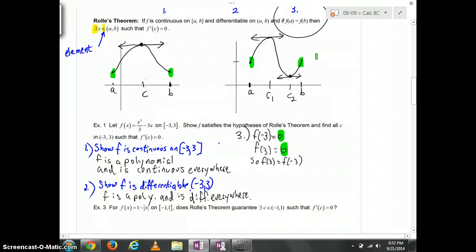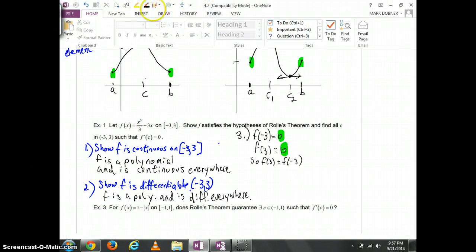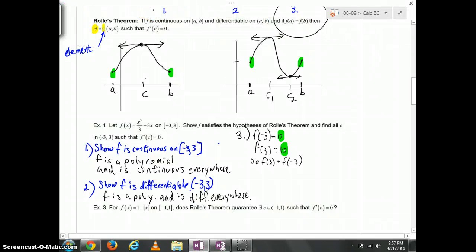We could have dropped it down. We could have had y values that were negative just as well. It's just coincidence here that these y values are 0. More importantly, these y values at the endpoints are in agreement. So what we can now say is, there exists a c such that f prime of c equals 0.